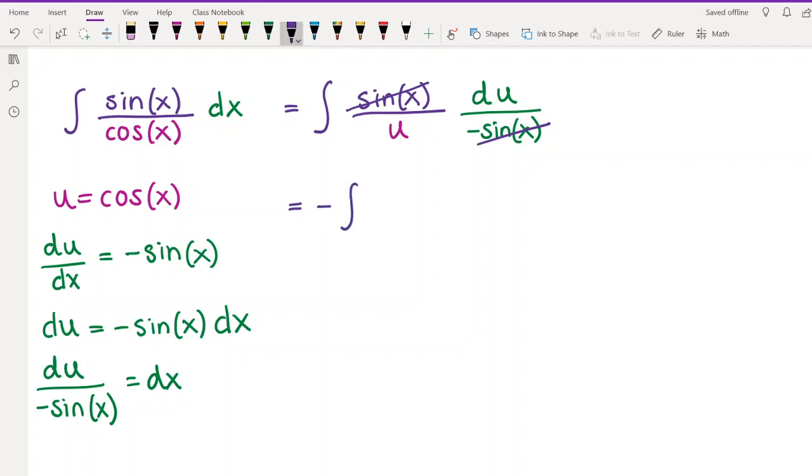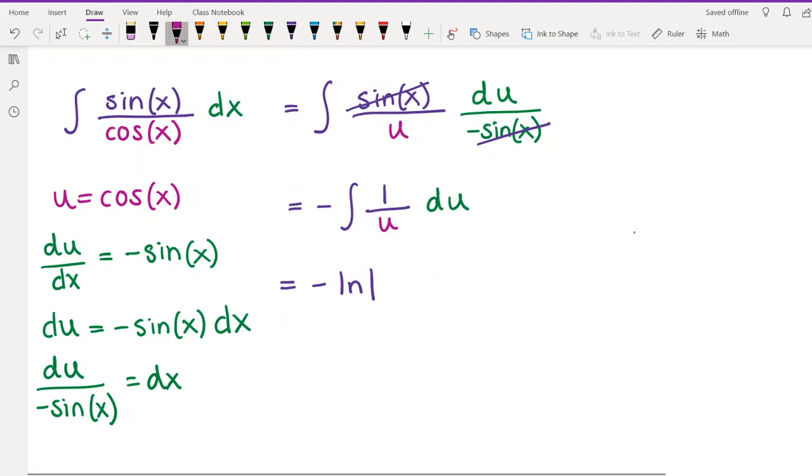So we have negative integral of 1 over u du. We've successfully changed this into u's. So what's the antiderivative of 1 over u? Well, it's ln of the absolute value of u. Don't forget that absolute value.